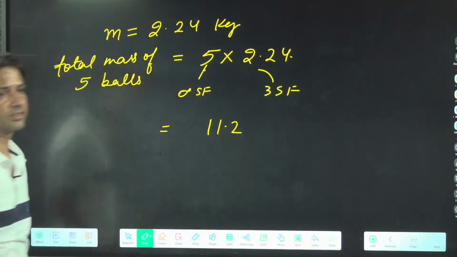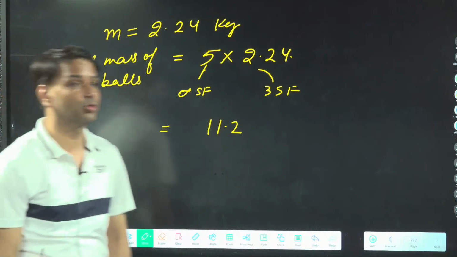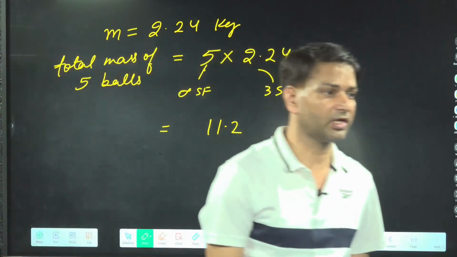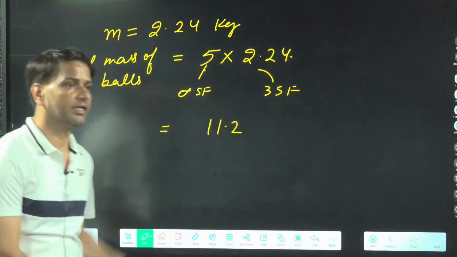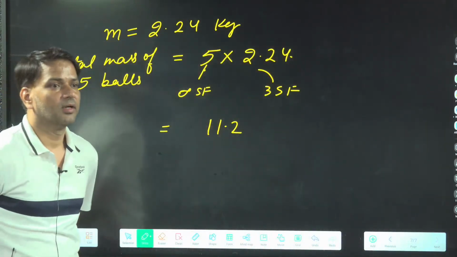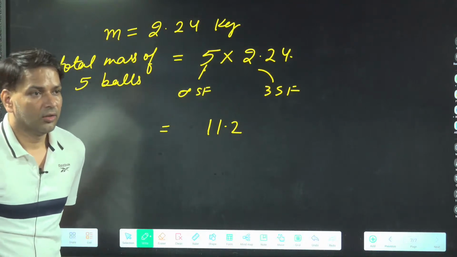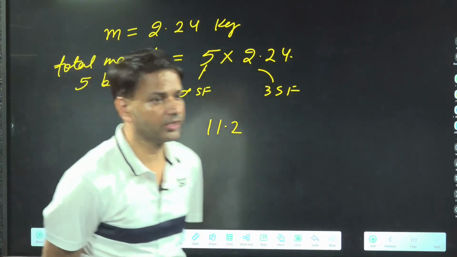So the answer is 11.2, not 11.20. Otherwise it would be 4 significant figures. So the answer will be 11.2. It has 3 significant figures.